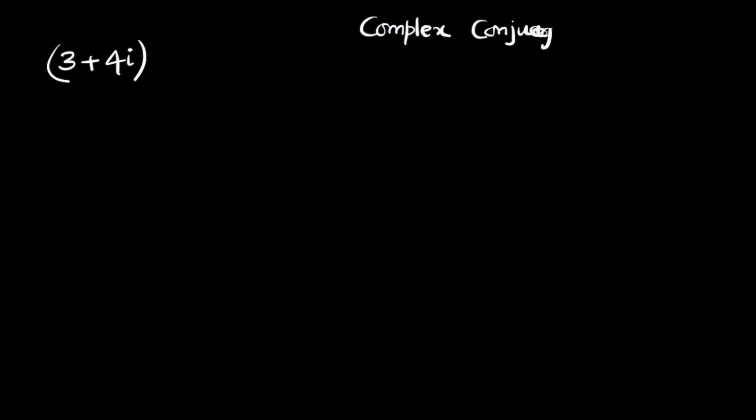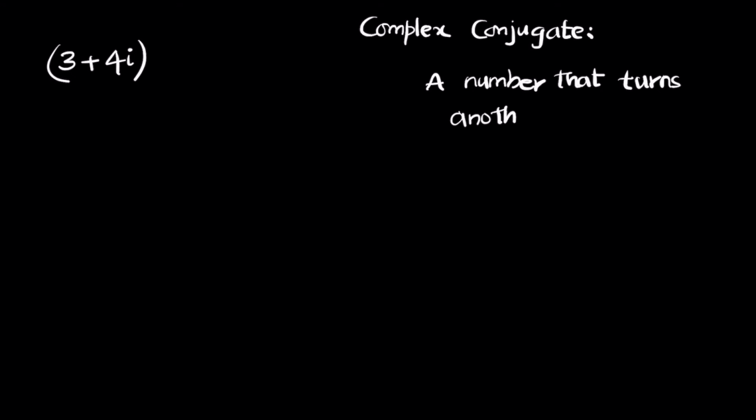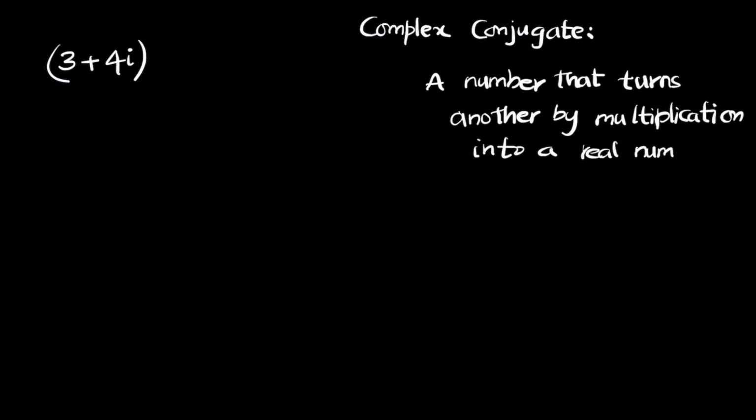So a complex conjugate is a number that turns another number, by multiplication, into a real number. So a number that can turn another number into a real number by multiplication is called the complex conjugate of that number.